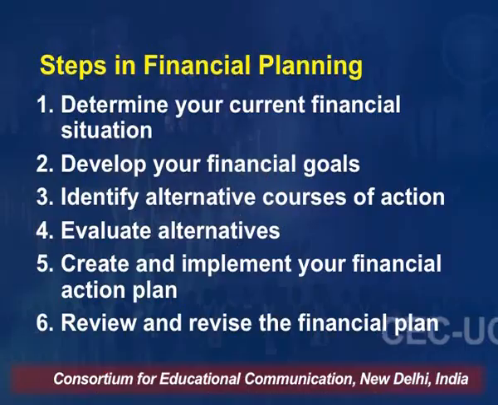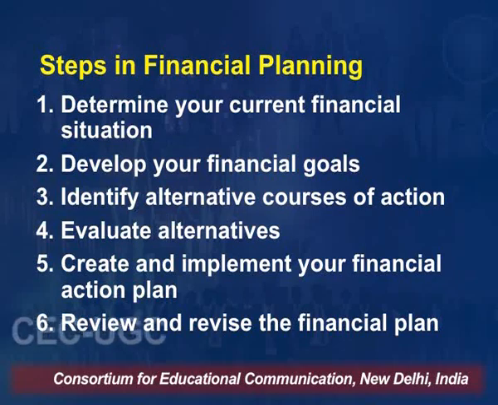So you plan your savings, and then whatever from this saving you want to invest, wherever you invest, is on the basis of the above two points which I just talked about: alternative courses of action and evaluating the alternatives, right? You implement your financial action plan. And finally, review and revise the financial plans.